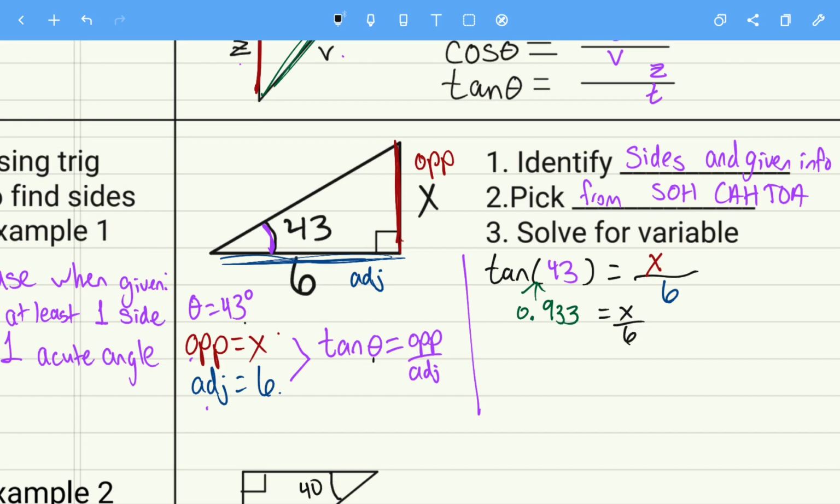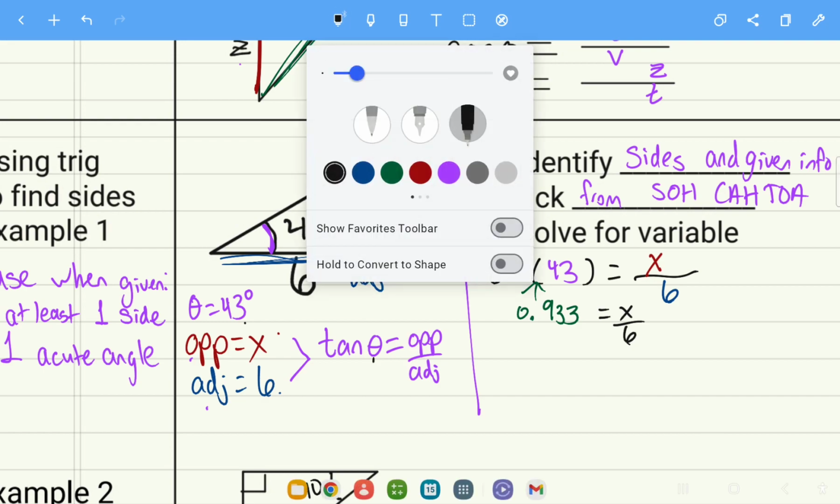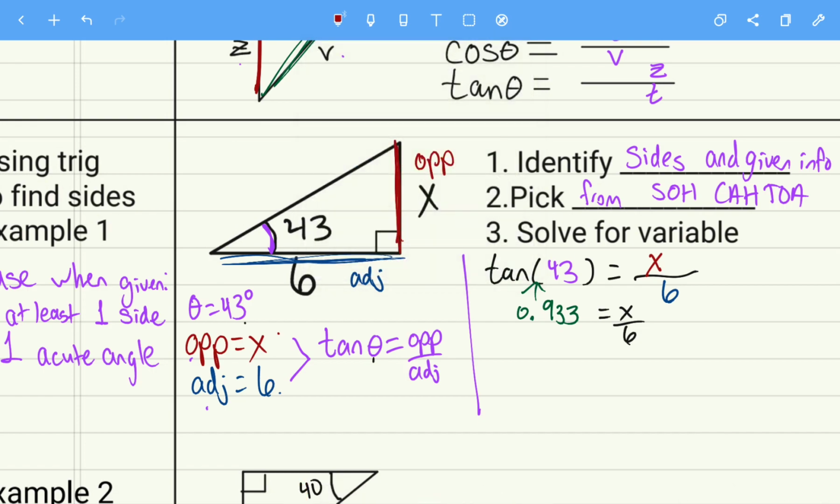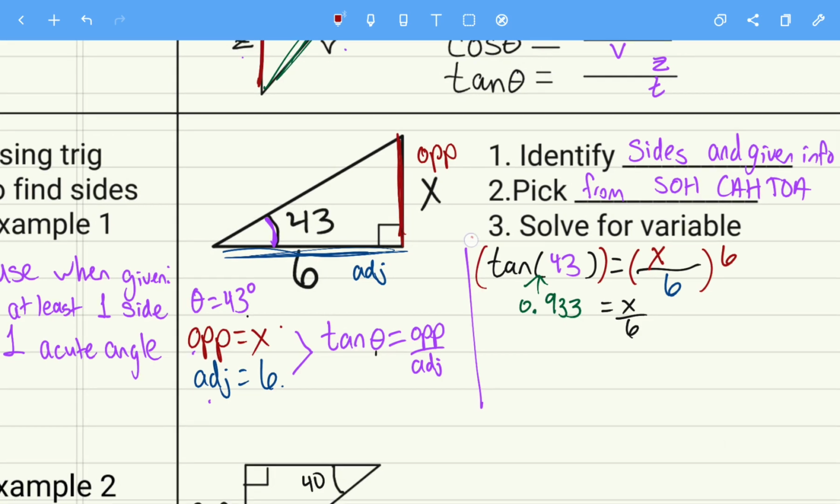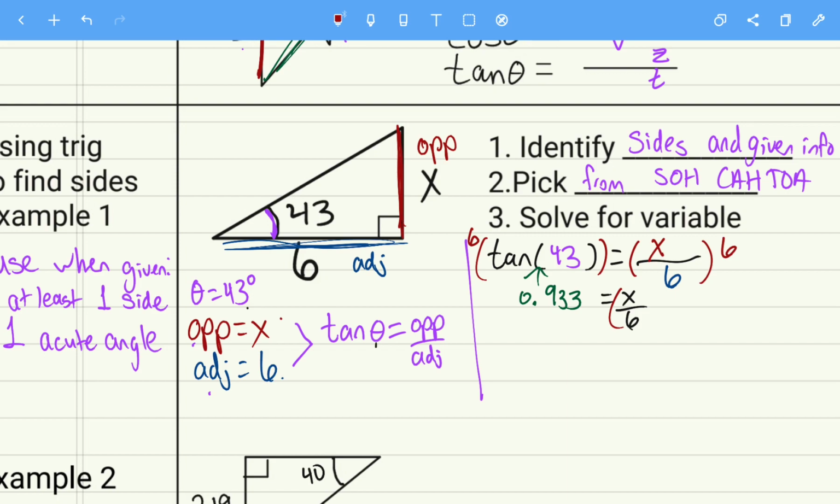And I'm going to show you how it would look both ways if you choose to plug in tan of 43 now or not. Either way, we're going to start by multiplying both sides by 6. So just like any other algebra problem, our goal is to get that x alone. So we have to multiply both sides by 6 to cancel that out.